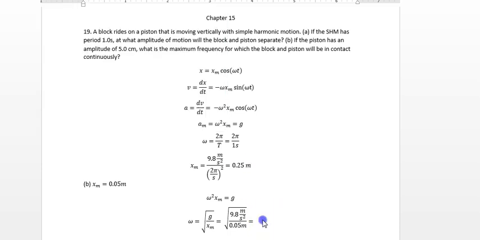So 14 per second, and that's radians. It asks for frequency, but this is the angular frequency.